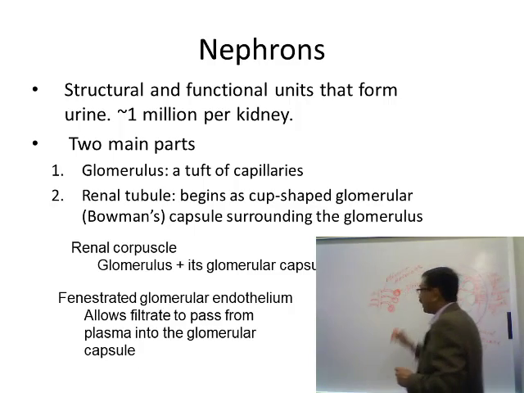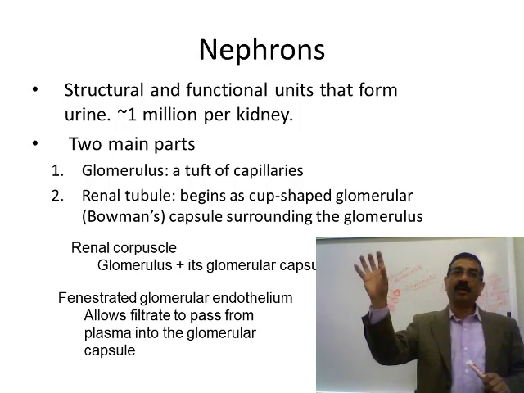A tuft of capillary. You know, sometimes if you have a grandma, an old lady, sometimes they love to knit a sweater from a ball of wool. Have you seen that wool? So like that, a tuft of capillary, a ball of capillary. That is called glomerulus. So glomerulus is a tuft or ball of capillary.